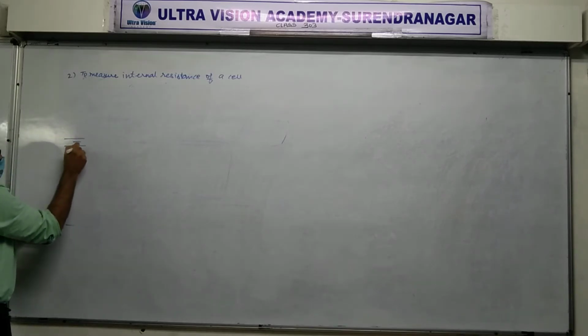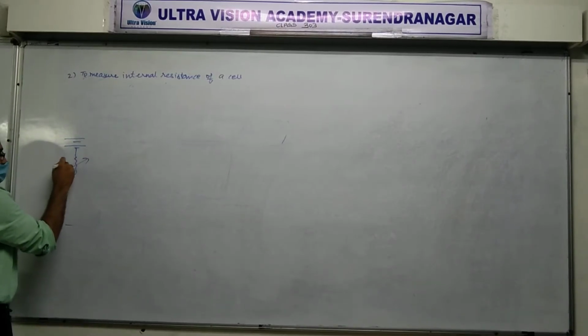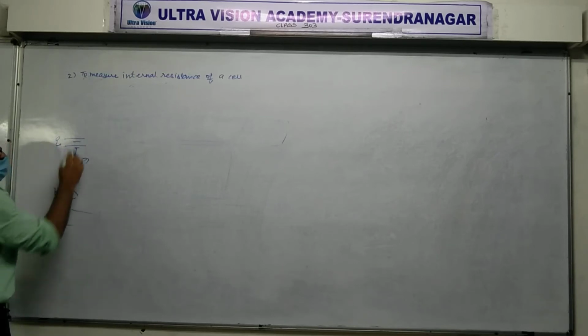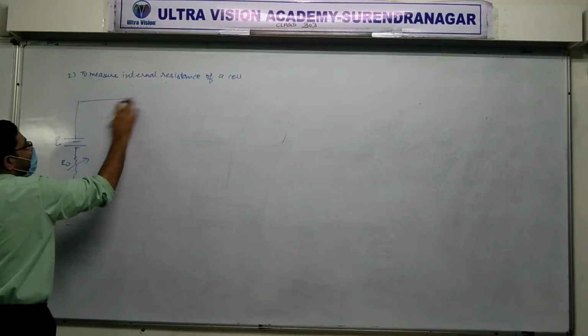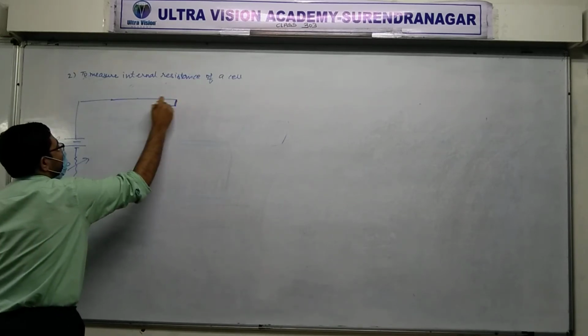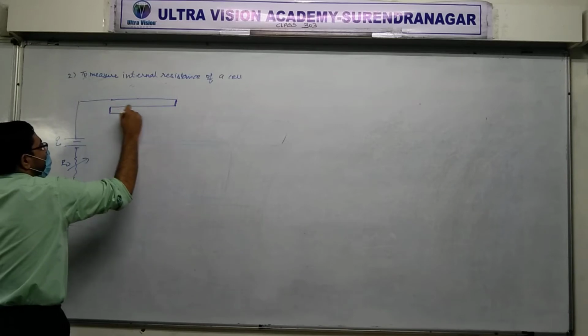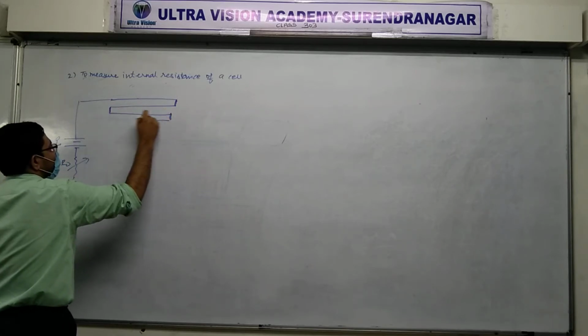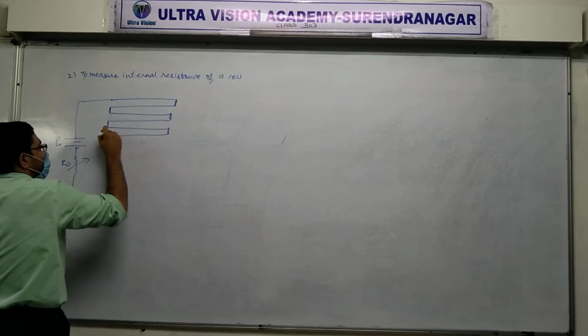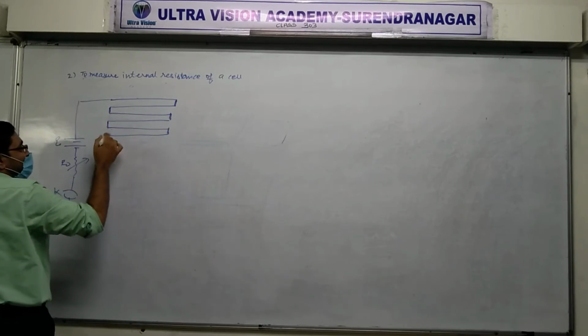What do we have? A cell here, a variable resistor, key K, and wire. You can draw it as long as you want.